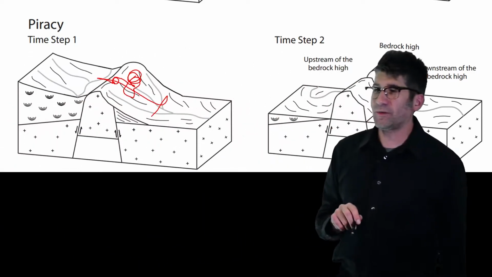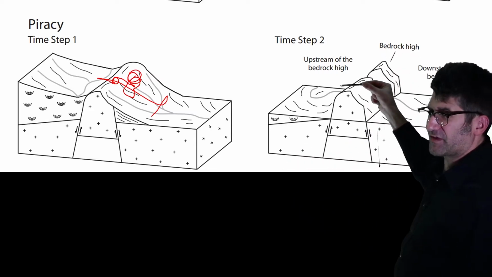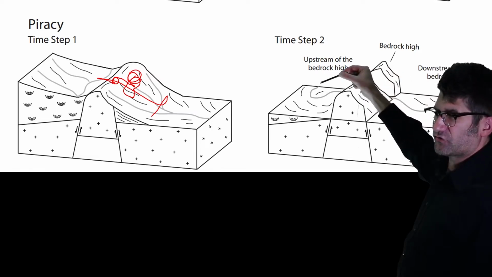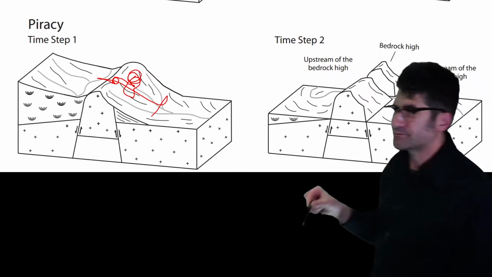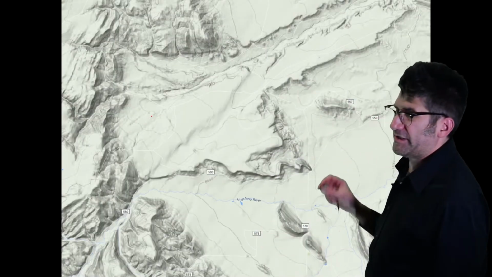So this would be what we call stream piracy. And with stream piracy, again, it allows us to have a high and then a stream that's cut through that high.